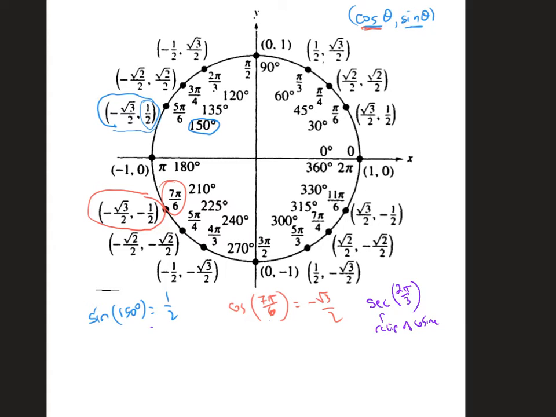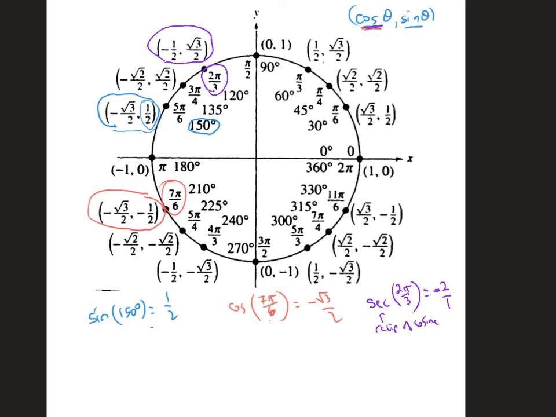And 2 pi over 3 is right here. And then I'm going to know it's associated with this set of coordinates. Cosine is the x value, so that would be negative 1/2. But if cosine is negative 1/2, secant's the reciprocal of that. So it would be negative 2 over 1, or just negative 2.